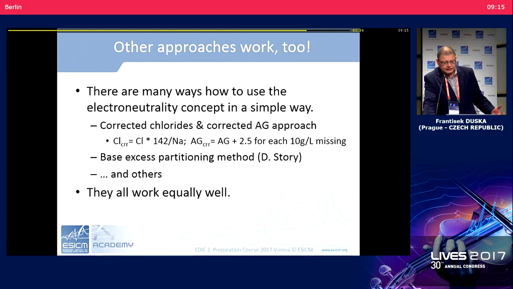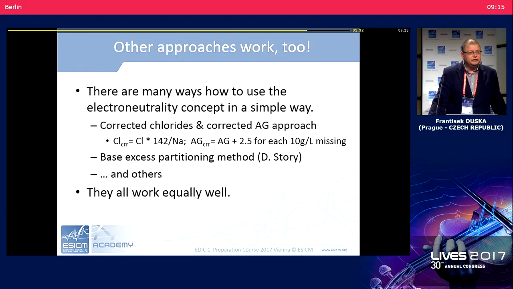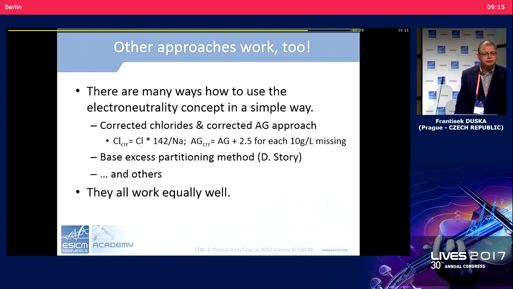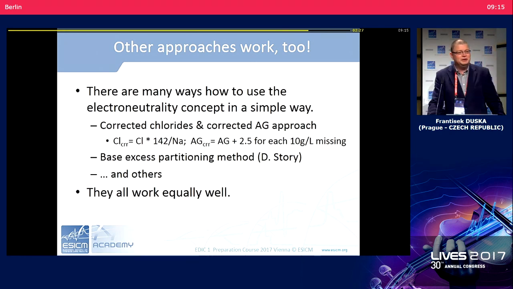And there are other approaches. I won't go into details. Somebody asked me when I was having this lecture on the other course, well, do I rather use base excess partitioning or David Story's simplified method? It does not matter.